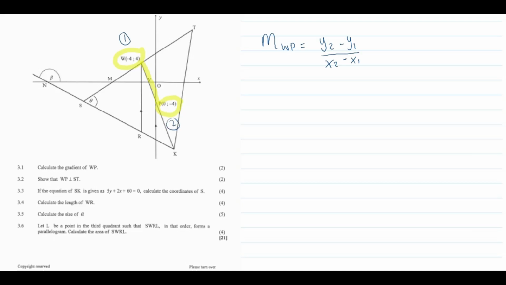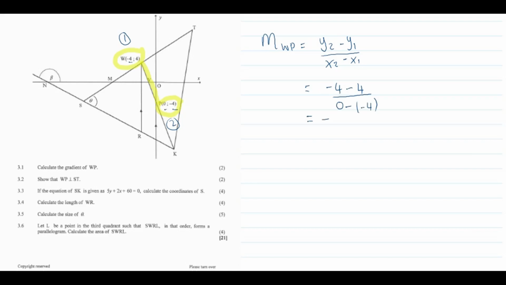So we just simply substitute. Our y2 is going to be equal to negative 4 minus our y1, which is 4, all over our x2, which is 0, minus our x1, which is negative 4. Okay, so you simply just put that into your calculator. So it's negative 4 minus 4 all over 0 minus negative 4.